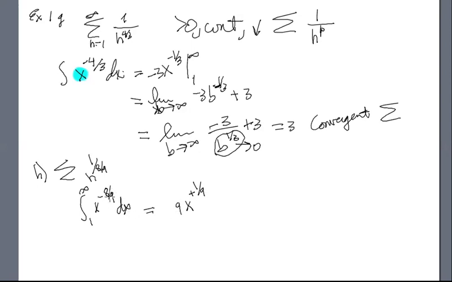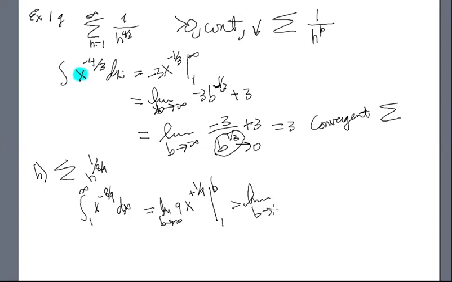If we add a 1 to negative 8/9, we get 1/9, and 1 over 1/9 is 9. And we're going to go from 1 to b, with the idea being that we let b go to infinity.